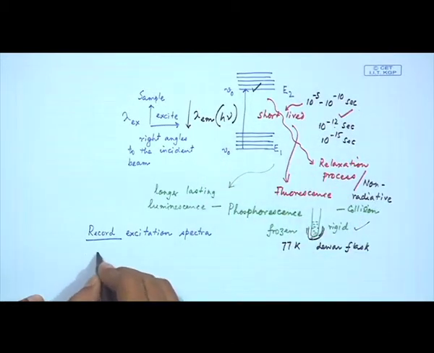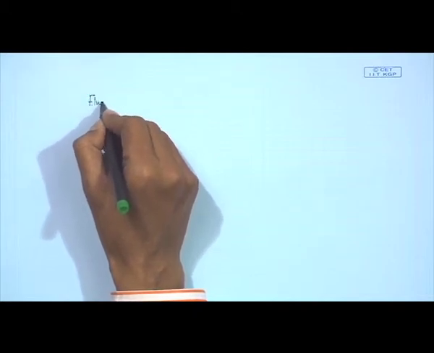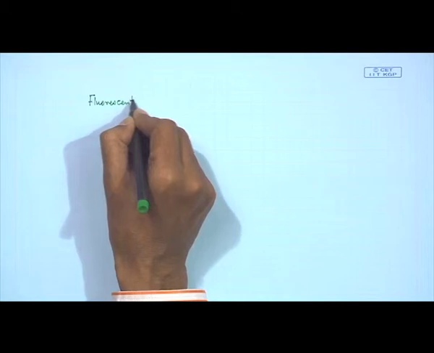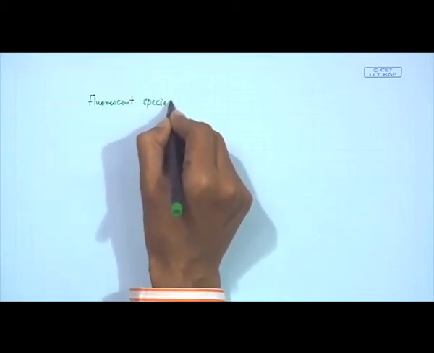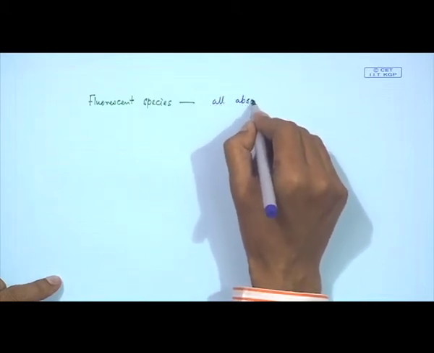Then we can also record the fluorescence spectra, and the important thing is how this can give rise to the corresponding fluorescence. So, we must have some species which we call a fluorescent species. The fluorescent species is responsible for our emission pattern, and that fluorescent species comes from absorbing species or absorbing molecules.